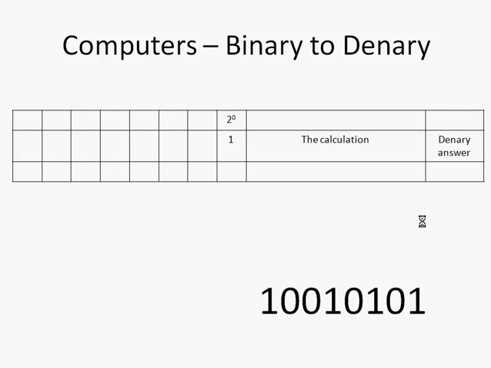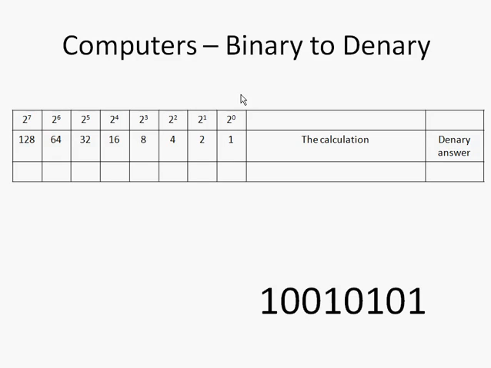Anything to the power of 0 equals 1. 2 to the power of 1 is 2. 2 squared is 4. 2 cubed is 8. 2 to the power of 4 is 16, so that's 2 times 2 times 2 times 2. 2 to the power of 5 is 32. 2 to the power of 6 is 64. And 2 to the power of 7 is 128. Again, it's not important to remember this top row. It's much more important to remember the next row, because you will need that in any sort of conversion involving binary. You'll need to remember that sequence of numbers.